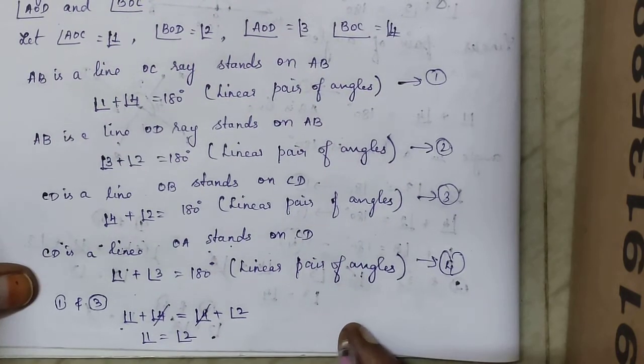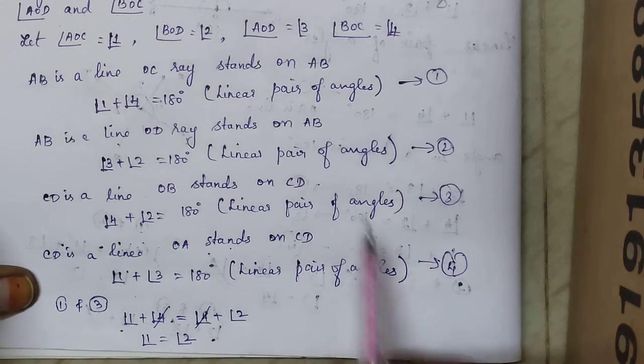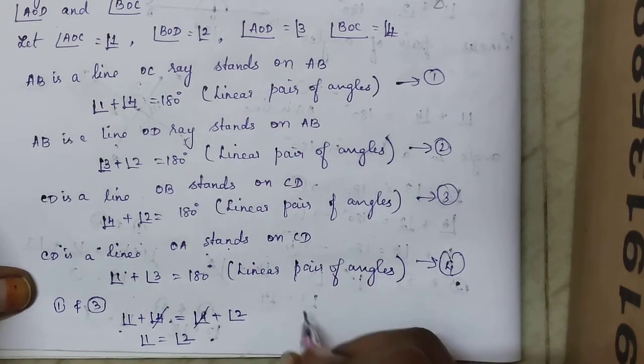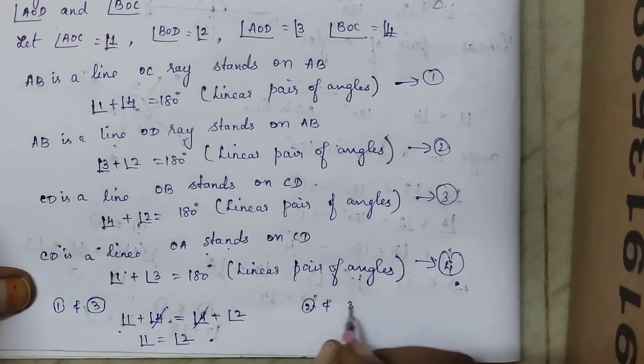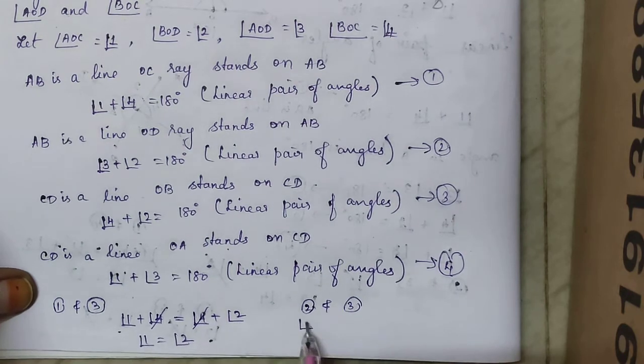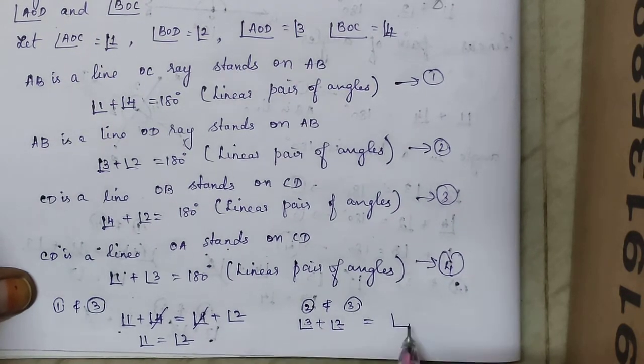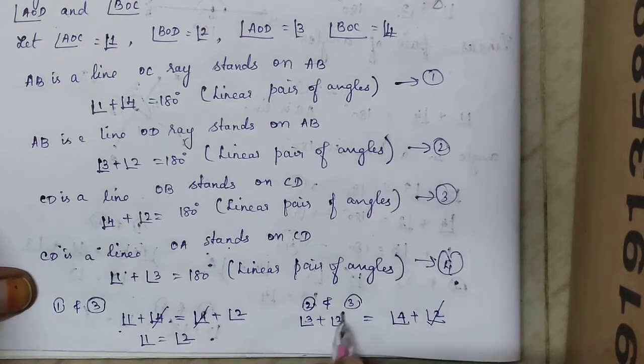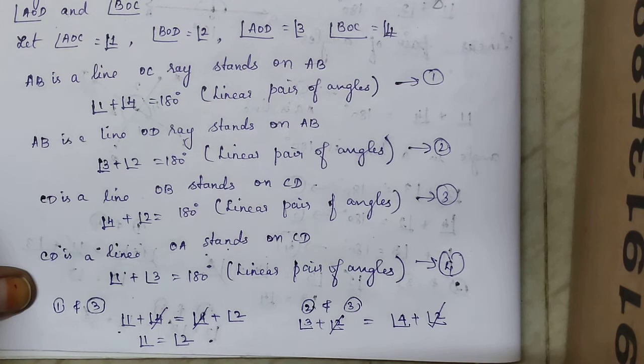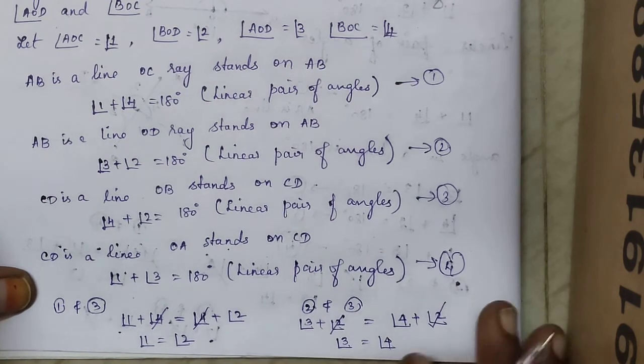Now for the next one, we can select angles 2 and 3. Now if I select that, angle 3 plus angle 2 is equal to angle 4 plus angle 2. Now angle 2 is common, so these two will get cancelled. So angle 3 is equal to angle 4.